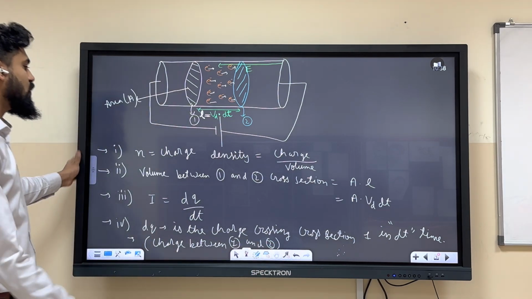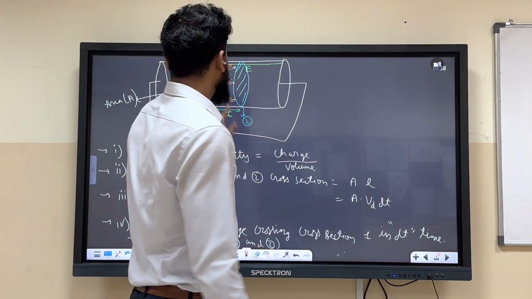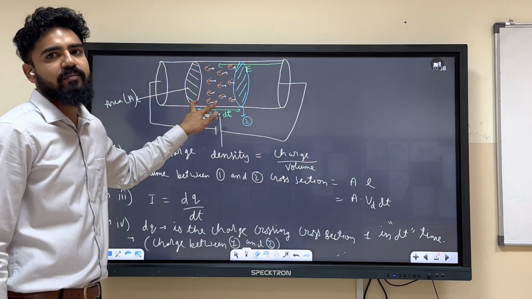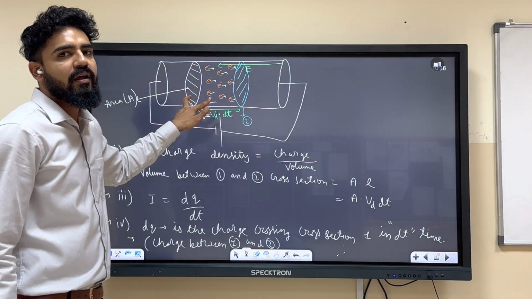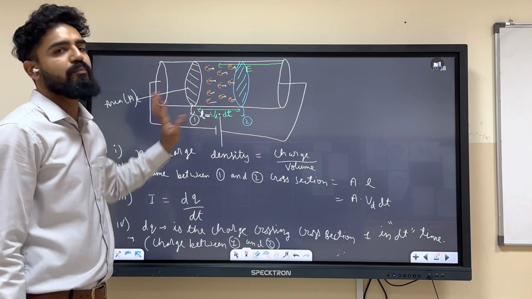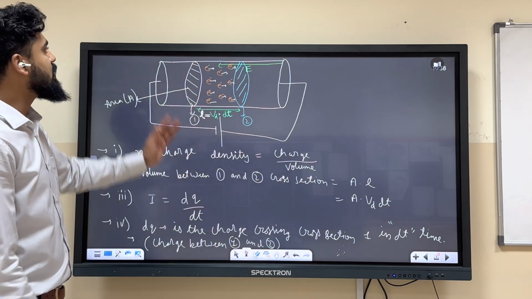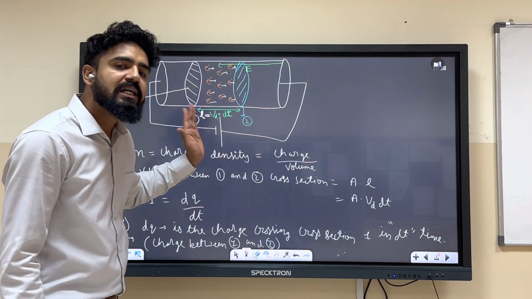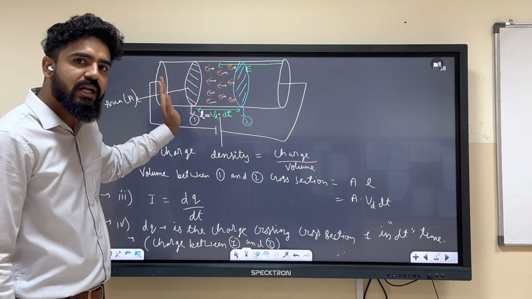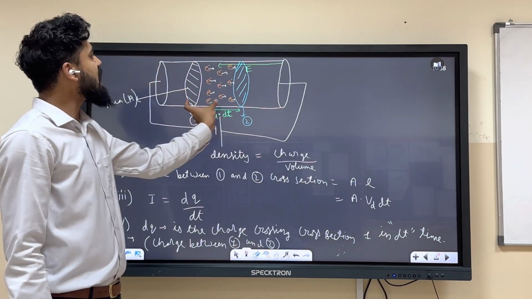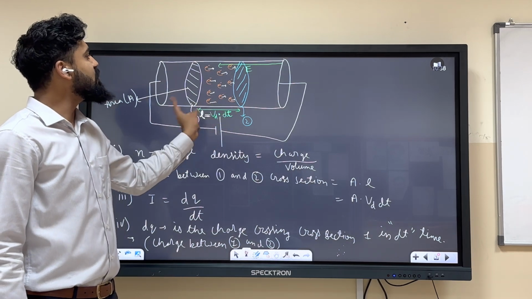So this is the charge that is enclosed over here. Correct? Are we getting it? This is the main point. If you are able to understand this, then khatam ho gaya. The number of charges that are passing cross section 1 in dt time is nothing but the same charge that is enclosed between 1 and 2.